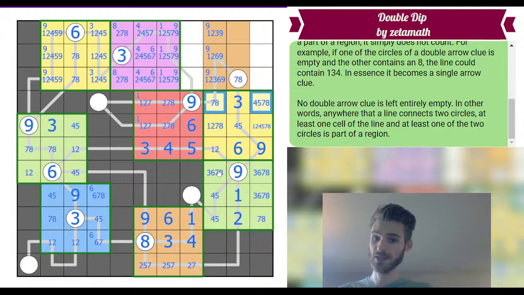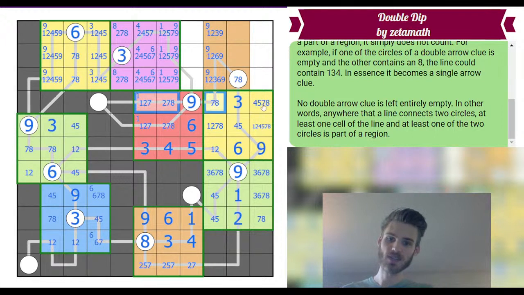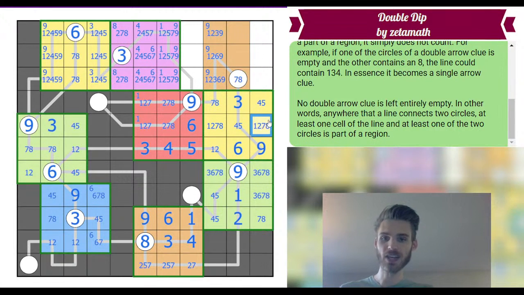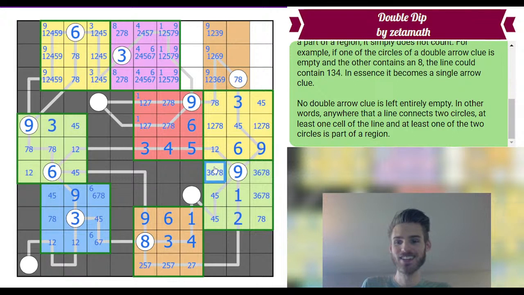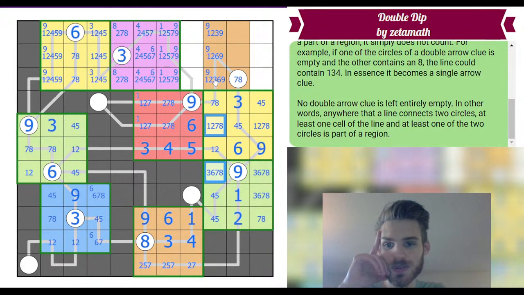And that means that there's a 7-8 virtual pair, so that's not a 7-8. That's not a 4-5. Come on, do something. It's definitely a 7-8 in one of these two.